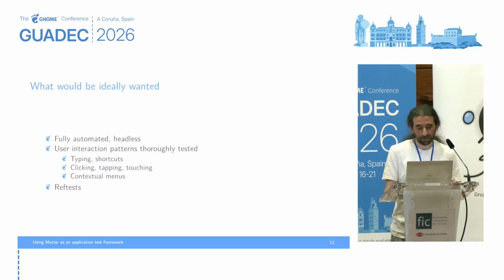So reftests are maybe more useful for testing individual widgets or things like that, which Nautilus and Settings and whatnot have by the ton.